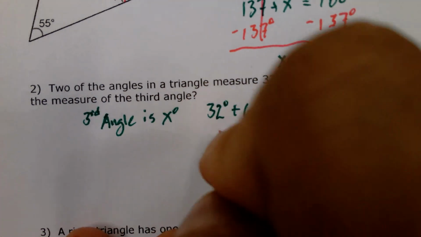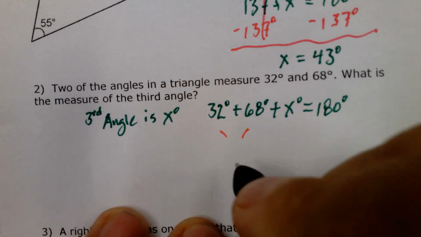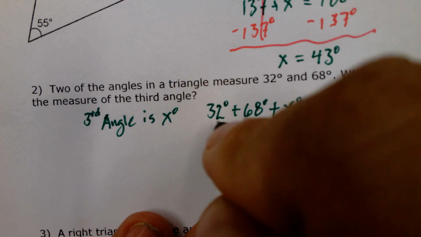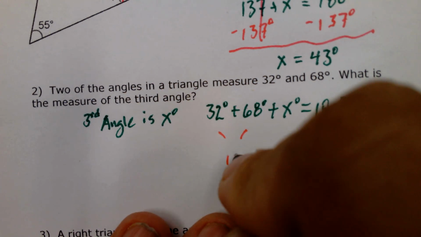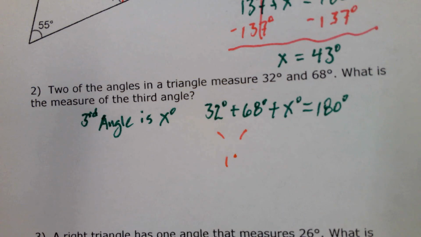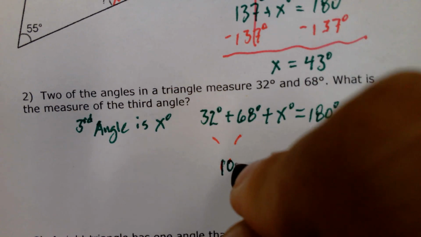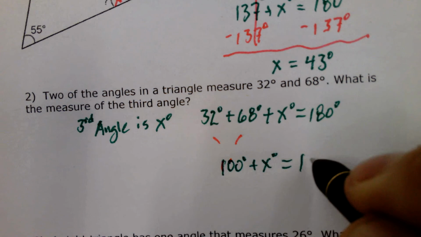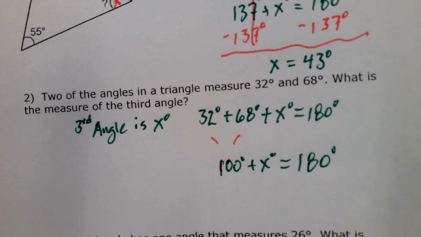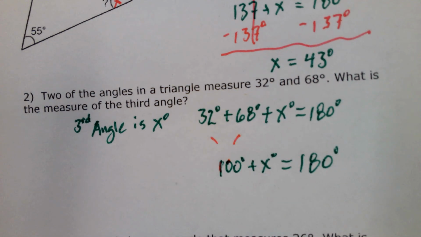These two together make up 100. Is that what you said? Okay. So that's 100 plus x equals 180. But we still have to figure out x.